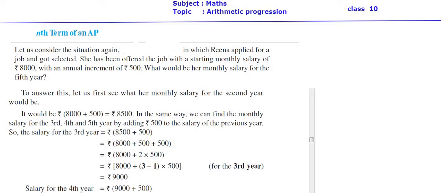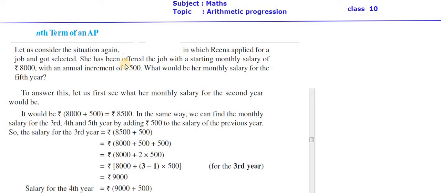Reena applied for a job and got selected. She has been offered the job with a starting monthly salary of rupees 8,000, with an annual increment of, sorry, not 5,000, 500 rupees.